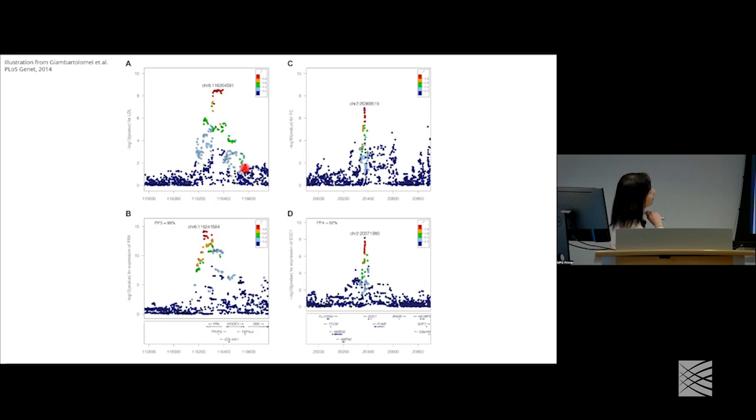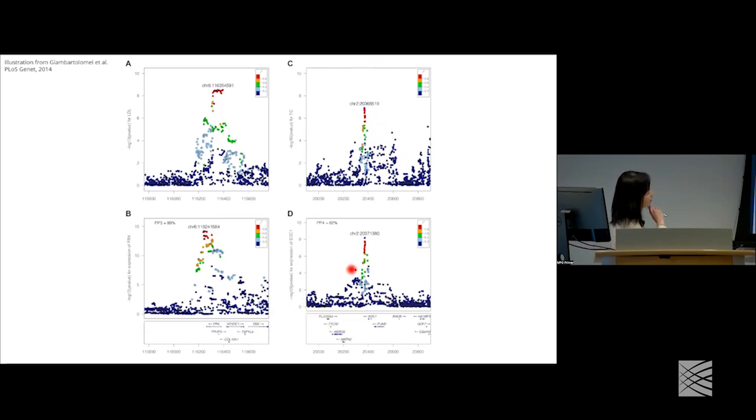A real case is the second column, where on top is also an association study for the TC phenotype, which is another cluster. These are the variants that are significantly associated with this phenotype. And on bottom is the cluster of variants significantly associated with the SDC1 gene expression level.